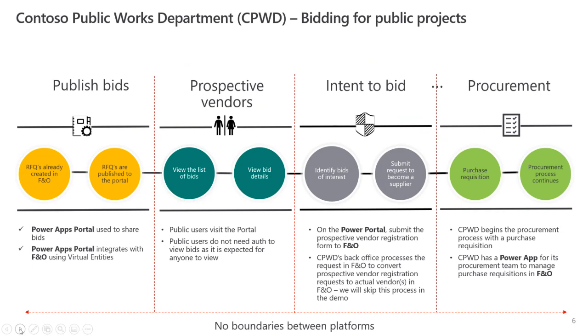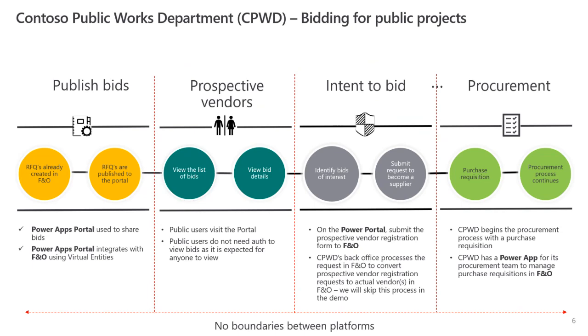On the same page, I also inserted a form to sign up to be a prospective vendor. This would not need to be on the same page, but for simplicity's sake of the demo, I just created a single page. And again, those prospective vendors are a virtual entity. At this point, you could do several different things from your scenario, but for my example and my demo, to help again keep it simple, I'm assuming that the buyer reaches out to that vendor and starts a purchase requisition process.